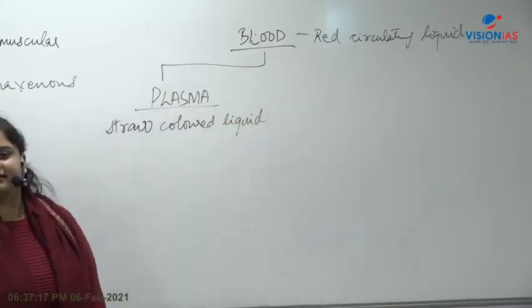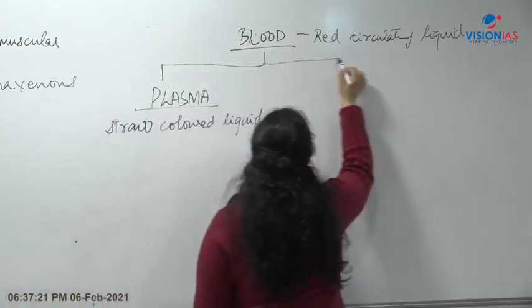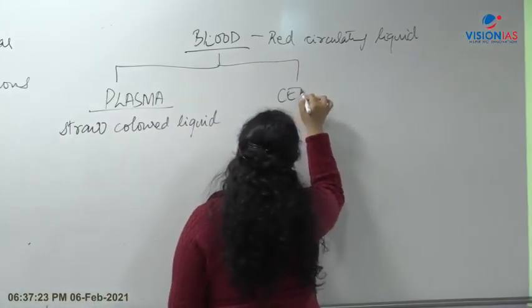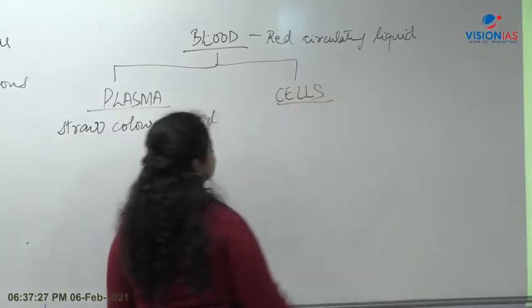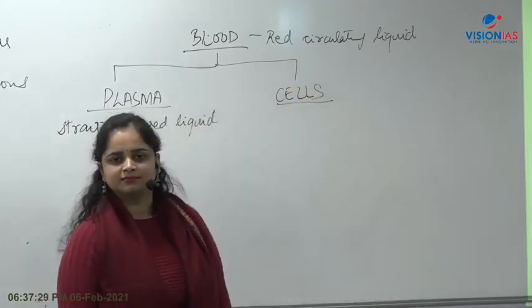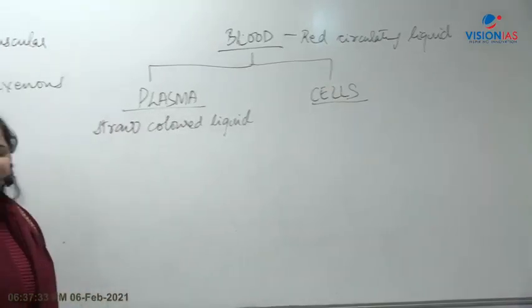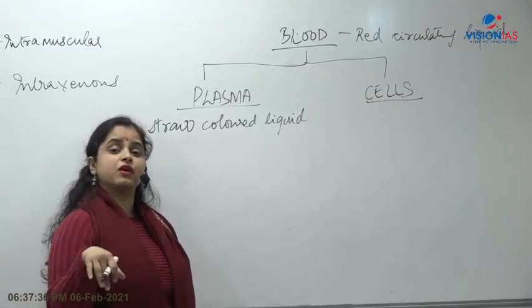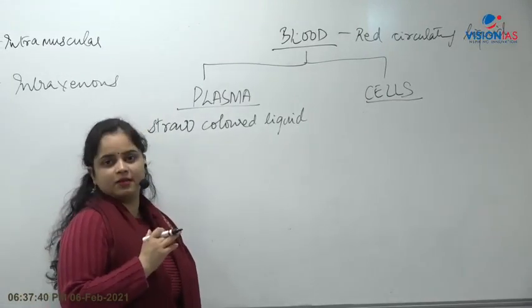And the second part is the blood cells, the different cells found in the blood. Plasma is the liquid medium. The cells are also found in this. Everything that is dissolved in blood is dissolved in plasma.